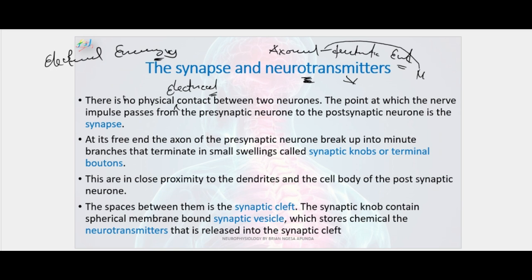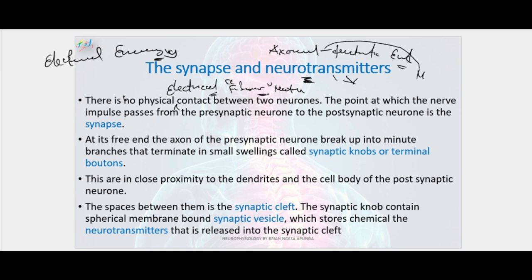So maybe the space is fibrous in nature and might not transmit electricity adequately. Because of this no electrical contact, there needs to be some form of intervention, and this intervention is by the neurotransmitter.